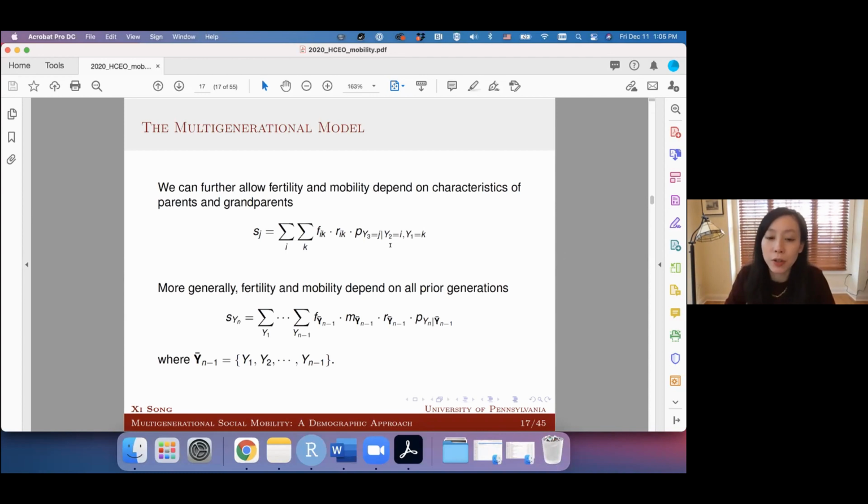So this is a recursive model, and we can do this to predict the distributions of his sons and his grandsons. But more generally, we can even assume that a person's socioeconomic status depends on all the prior generations, not only on the parent generation.